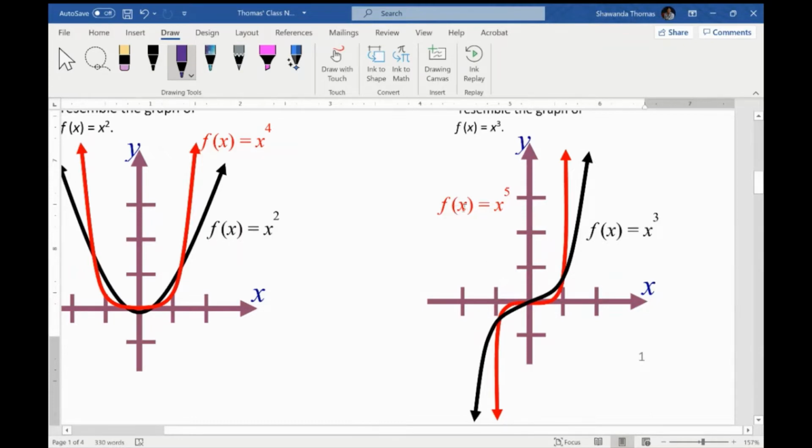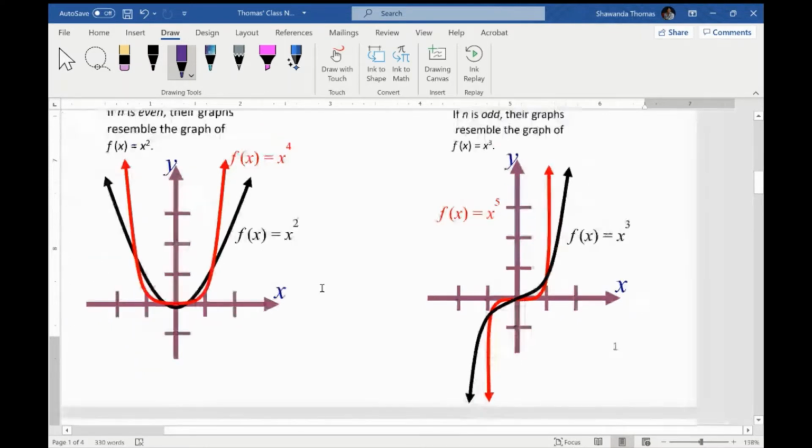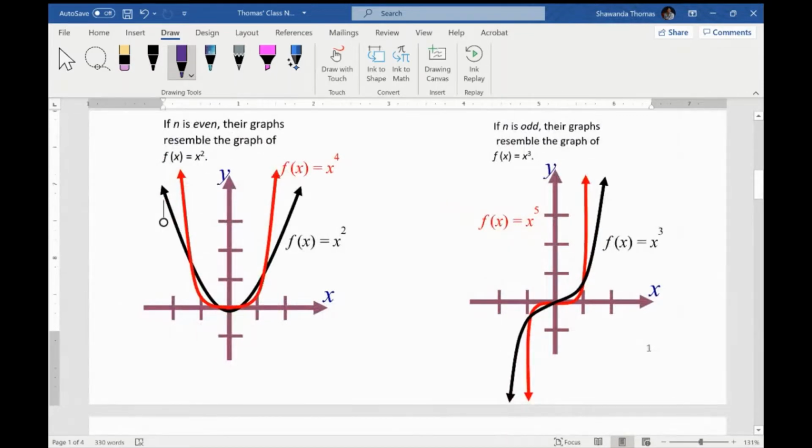Now we are graphing higher order degree functions like x to the fifth power. Notice it resembles x to the third power. Very similar. 5 is an odd number, like 3. The only difference, again, is that the center or middle part is a little flatter. Any questions about that so far? That's crucial that we learn that today.